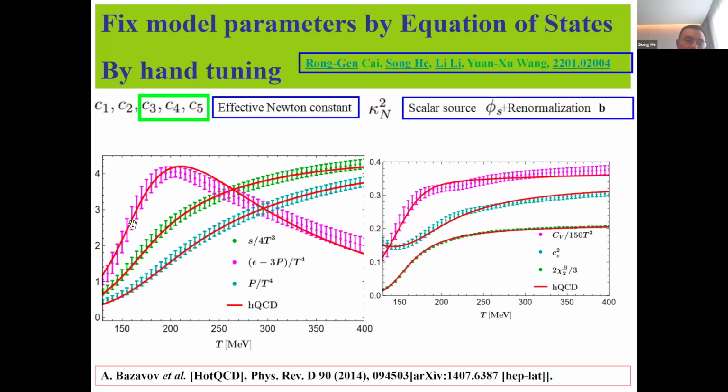You see that we only apply these 8 parameters to exactly determine the model, mapping from these parameters to this data. This is the sound speed, heat capacity, and also the second order baryon number susceptibility. You can see that the holography model captures the equation of state quite well.